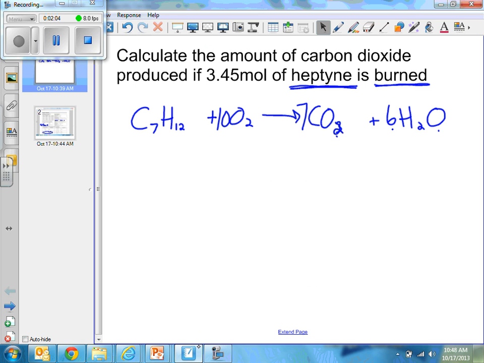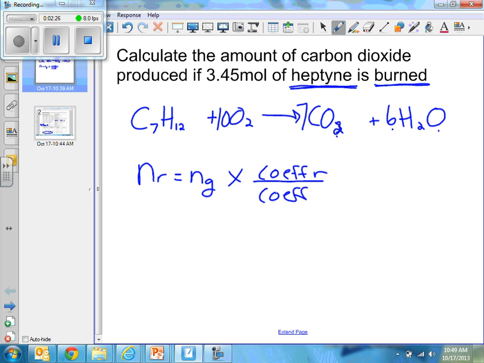So that's why we have to balance this first.